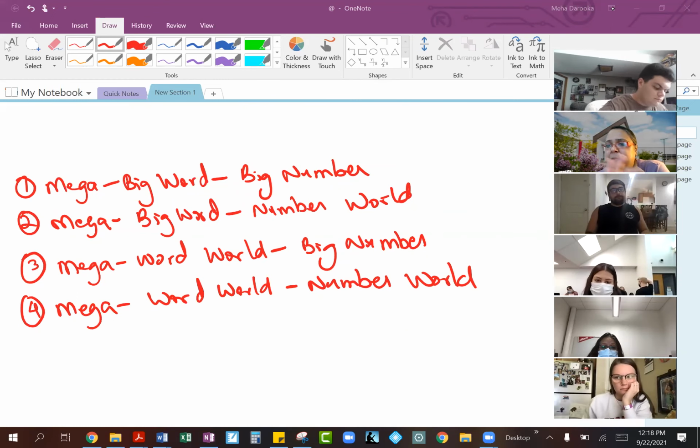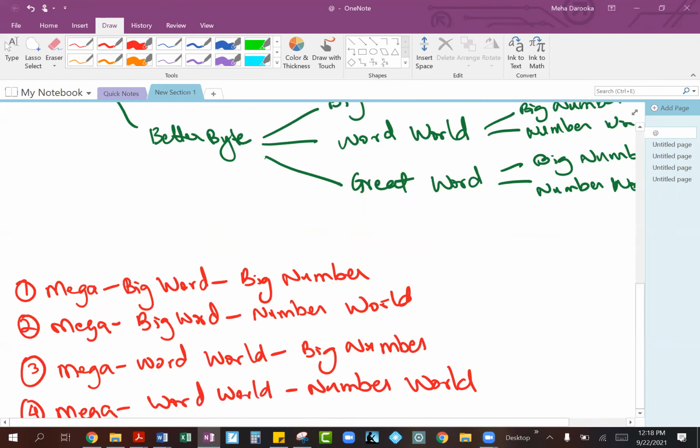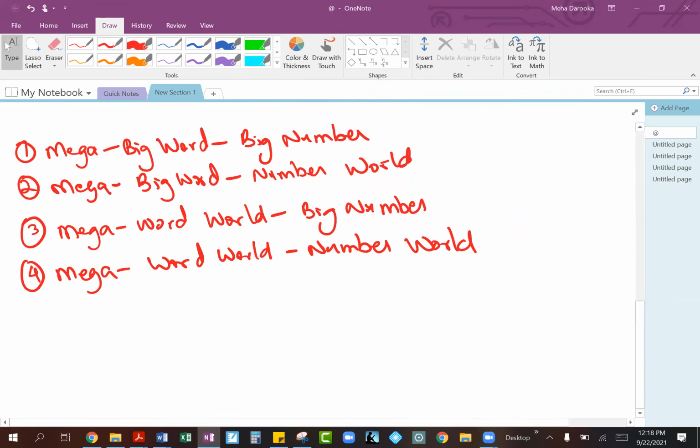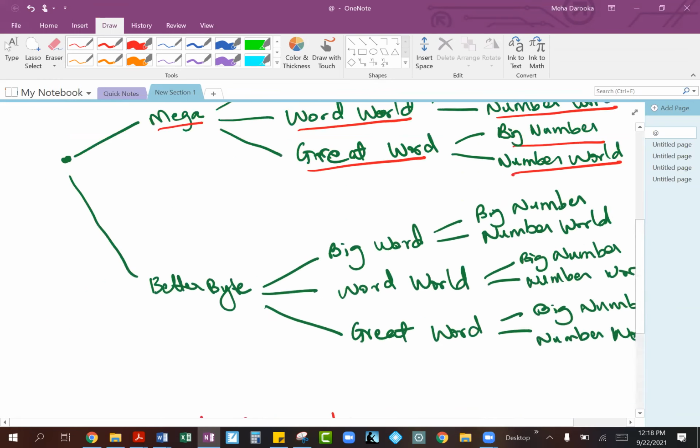Because you have to come up with that whole list, but the tree diagram makes it visually easier, because then you can say, okay, I'm done with this guy, which means I'm done with this guy. Now I can move on to the next one, and then go ahead and create your other two combinations from here. So this would be with the Great Word. So still keeping the Mega computer, but now, what was it?